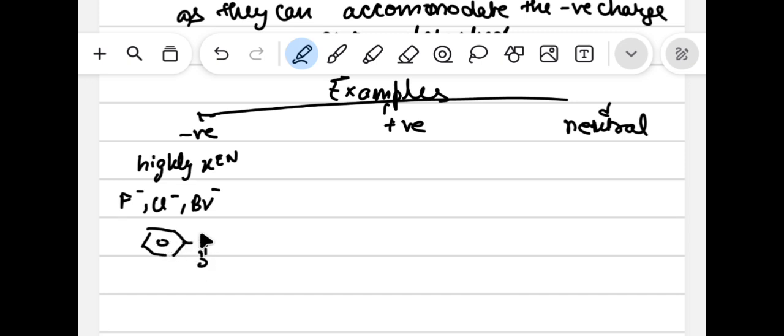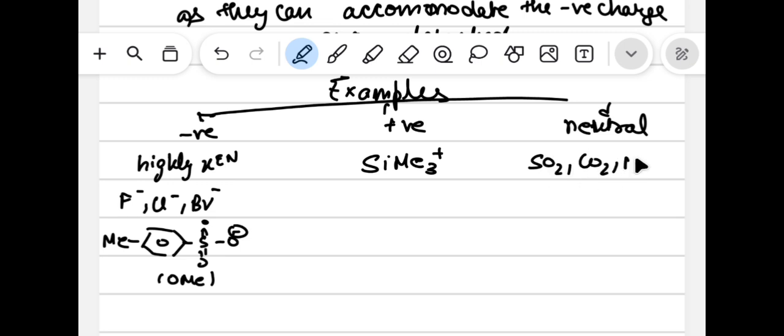Sulfonic groups like OMs. Positive, we have only one, that is SiMe3+. And last, neutral like SO2, CO2, NO2, H2O, NH3, N2. So this is all about the concept of electrophile, nucleophile, bases and leaving group.